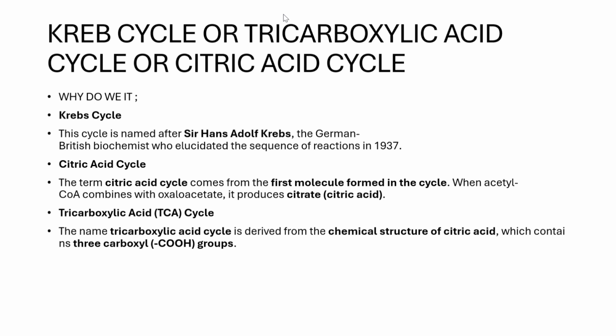Today we are going to talk about the Krebs cycle, or tricarboxylic acid cycle, or citric acid cycle. Before that, let's do a quick recap on glycolysis. In my previous video, I discussed how glucose is metabolized to form pyruvate.